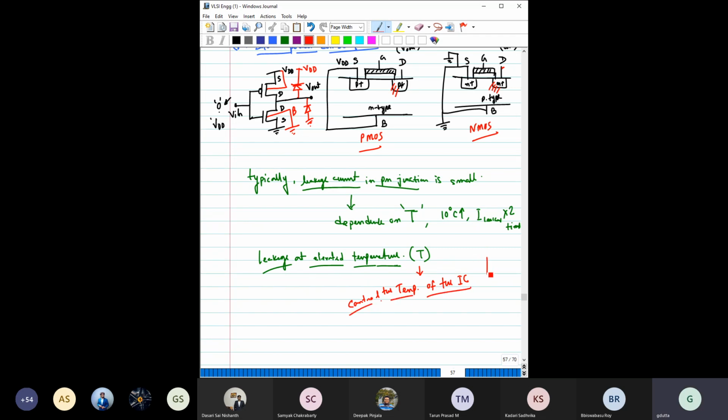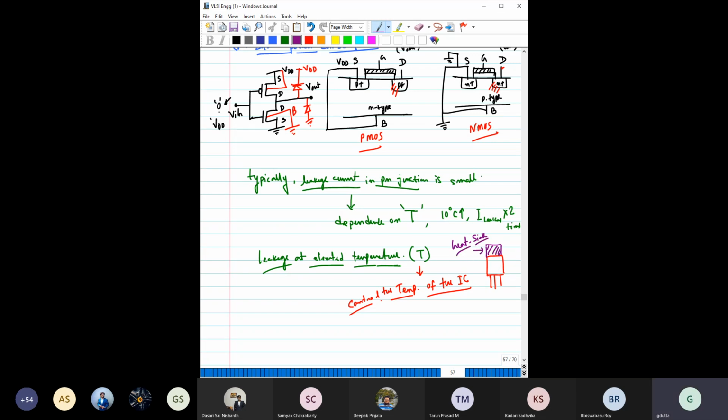So that's why you have seen, with different packages of these ICs, particularly for power devices, the devices handling higher power, that they come with some heat sink. There is a big metal thing that has been connected.